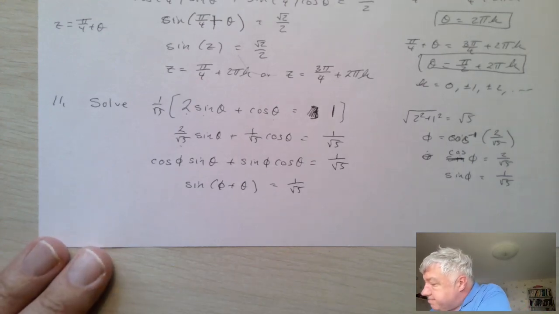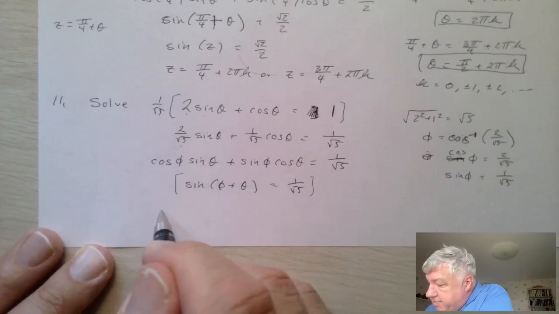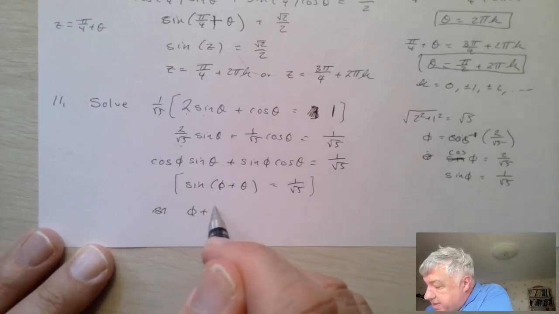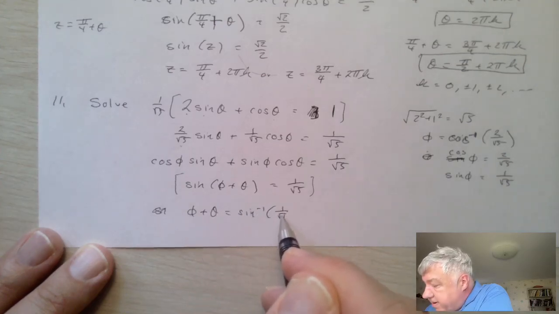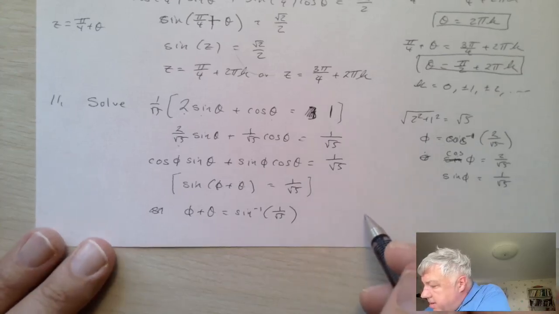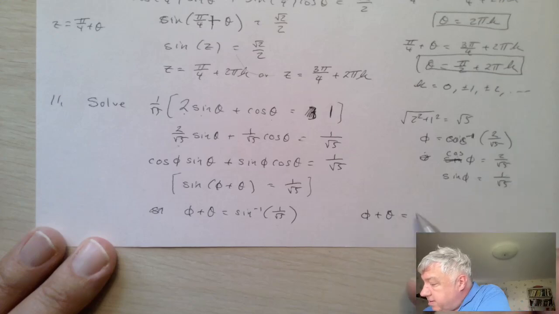So if we take the inverse sine of both sides, we get phi plus theta equals the inverse sine of 1 over square root of 5. And the other possibility would be phi plus theta equals pi minus the inverse sine of 1 over square root of 5.